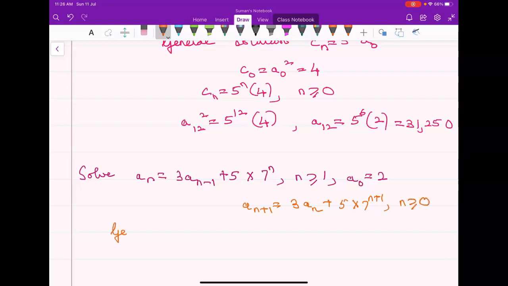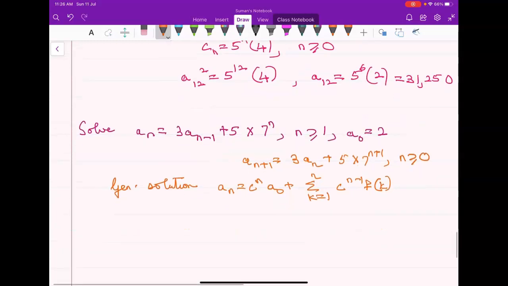And as I said before, your general solution here would be a_n equal to c raised to n a_0 plus summation k taking value 1 to n c raised to n minus k f(k). You can check back at the beginning of the video before we started problems.